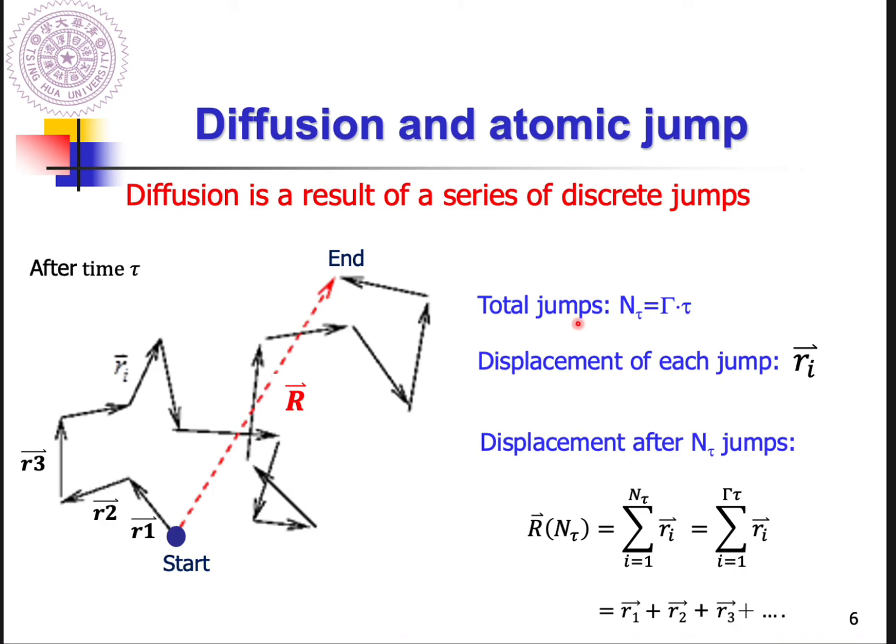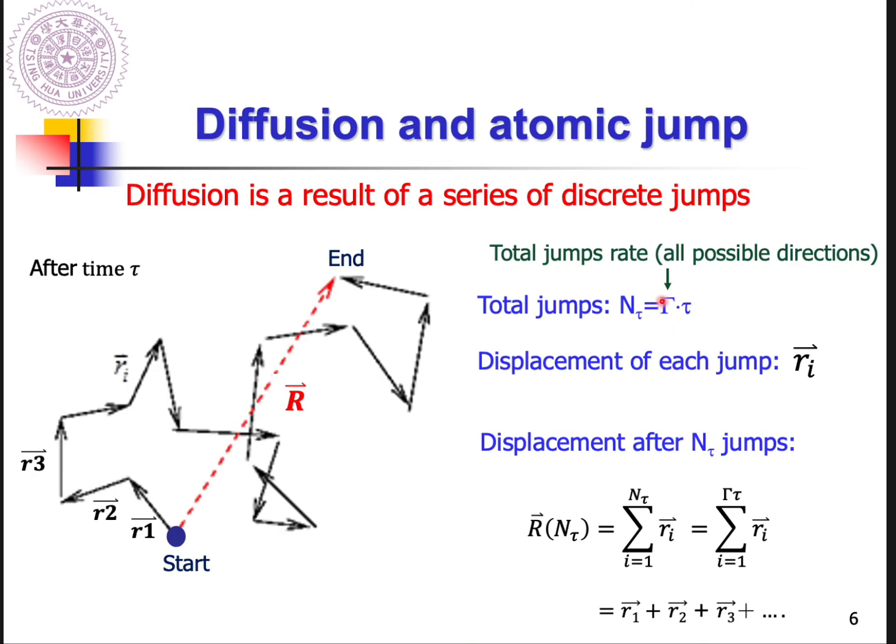The total number of jumps we call n tau. n tau equals gamma, the atomic jump rate, times the time period tau. The atomic jump rate is how many jumps per second, so you multiply by how much time is spent, and you get the total number of jumps, which we call n tau.